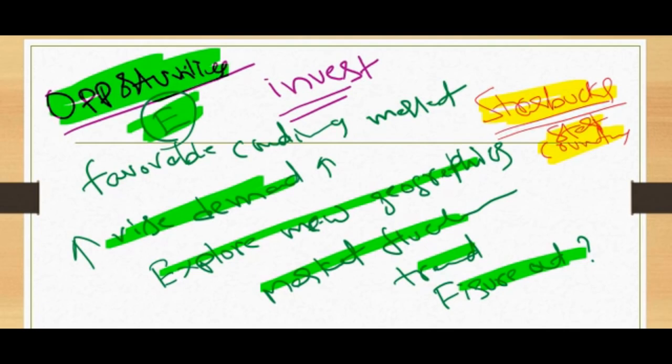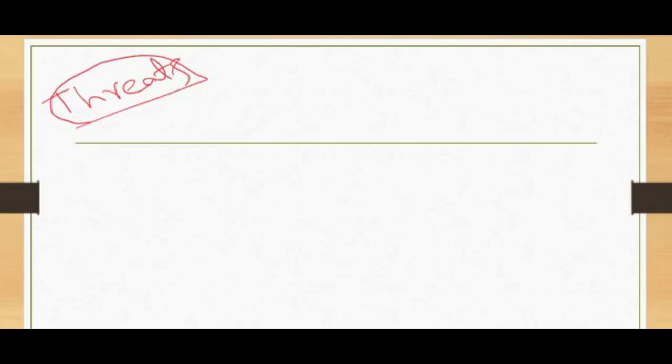So now the last one, let us look at threats. Let me write in red color because this is very dangerous, you know. So we always need to monitor. So you need to monitor these threats, right?